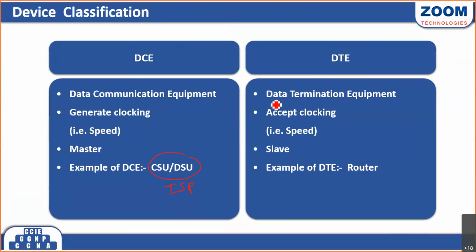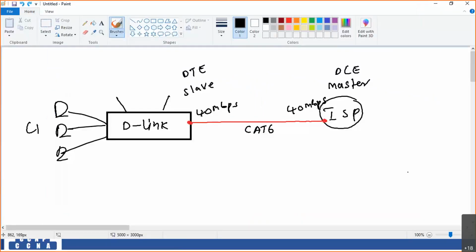DTE, data termination equipment, accepts clocking and is the slave. An example of DTE is a customer device, the customer router. Generate clocking means he's generating 40 Mbps speed, and the other is accepting it. Clocking is nothing but the bandwidth being generated.